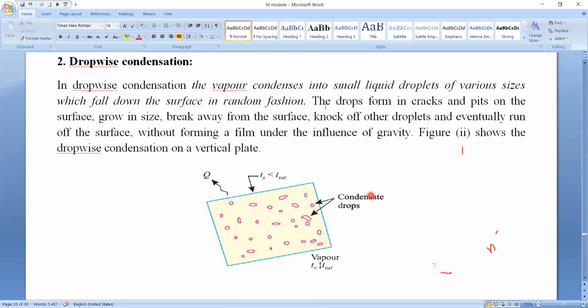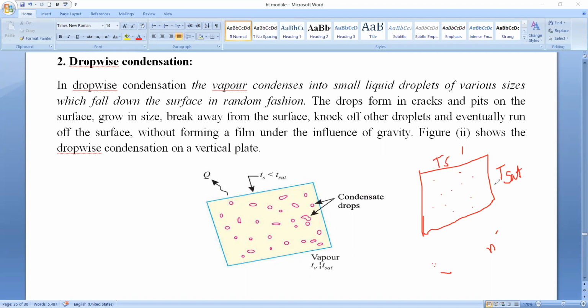So let us consider a flat plate here, and if we assume some cracks or small pits over the surface of this plate, and if this surface is exposed to the vapor which is at saturation temperature, Tsat is the temperature of vapor and Ts is the surface temperature.